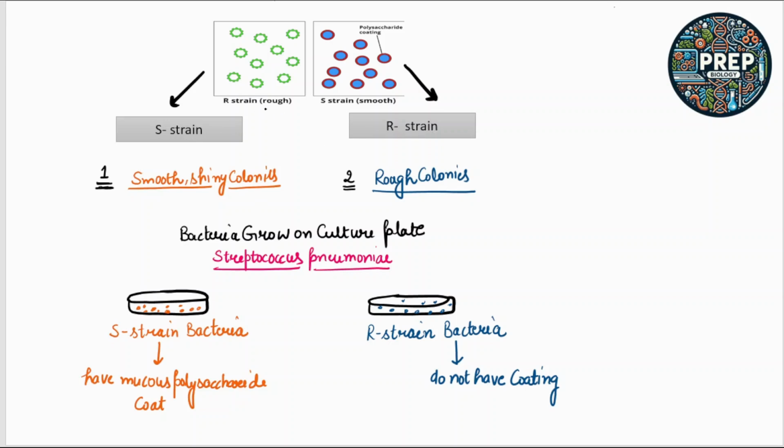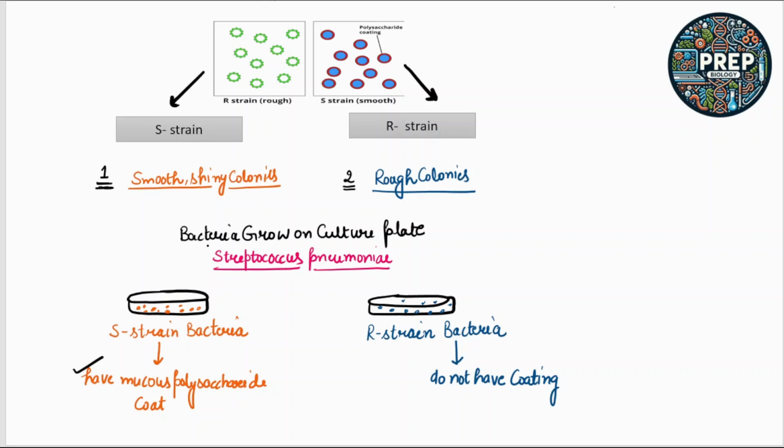The S strain is called the smooth strain because these bacteria are able to produce a polysaccharide coating around them, but the rough strain bacteria colonies do not have this polysaccharide coating. That's why it is called smooth shiny colonies, that is the S strain, and rough colonies are the R strain.